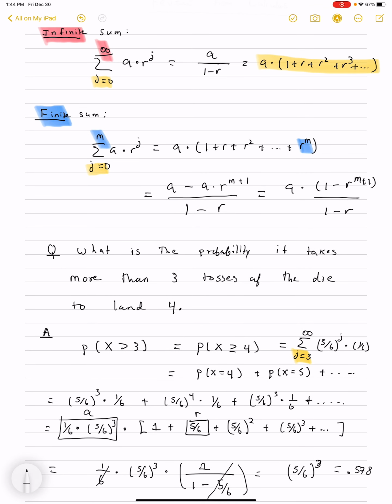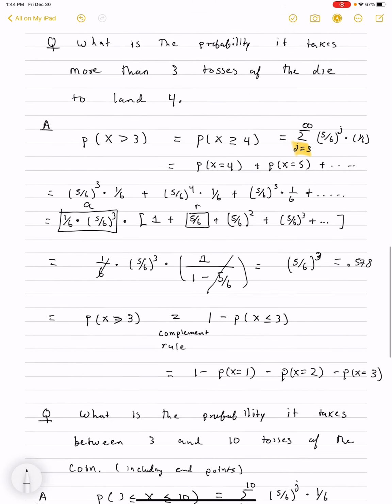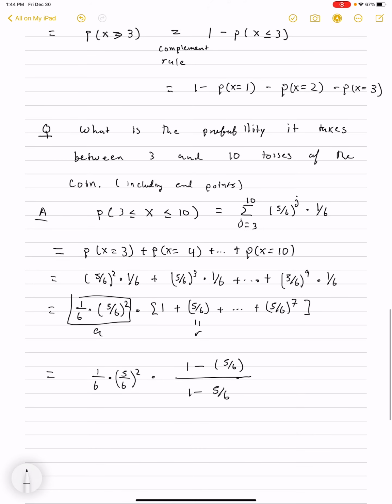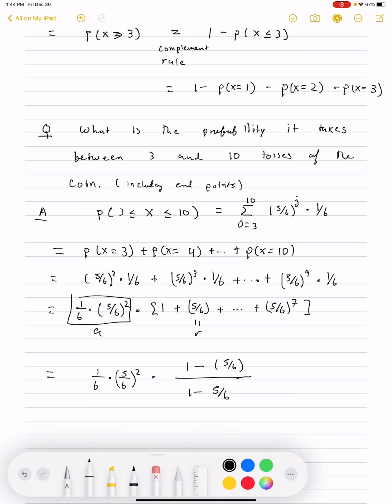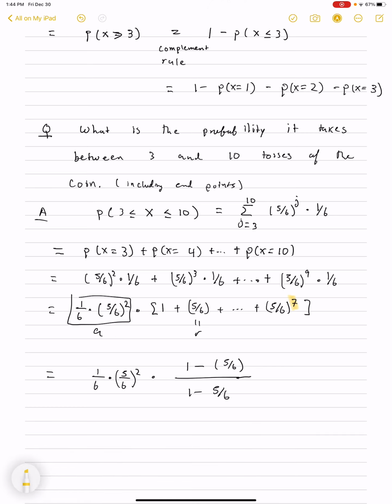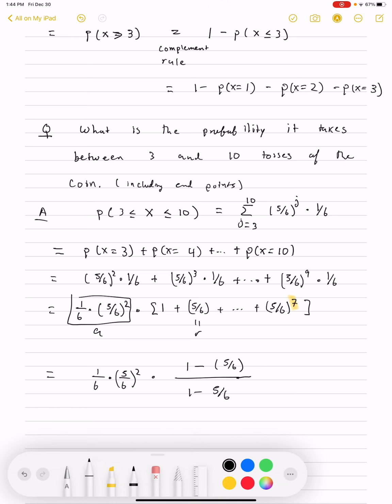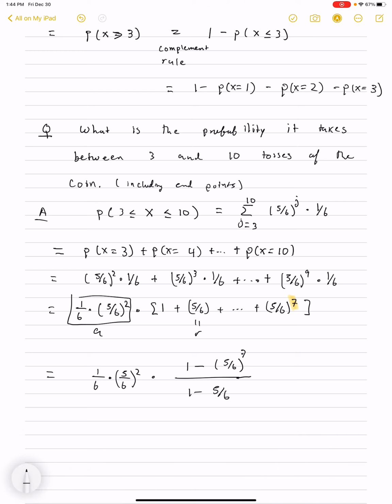If we look at this formula, m is the highest power of R when it's pulled out. That will be this value right here, the 7. So I'm going to write this as 7 plus 1. And this is the probability that you have to compute. We've basically computed it. If you want it in decimal form, you'll have to put it in your calculator.